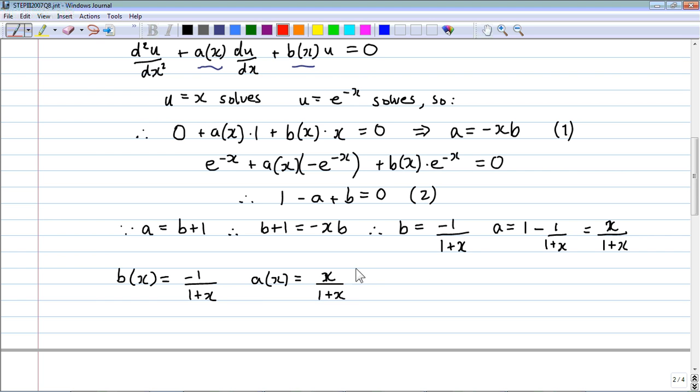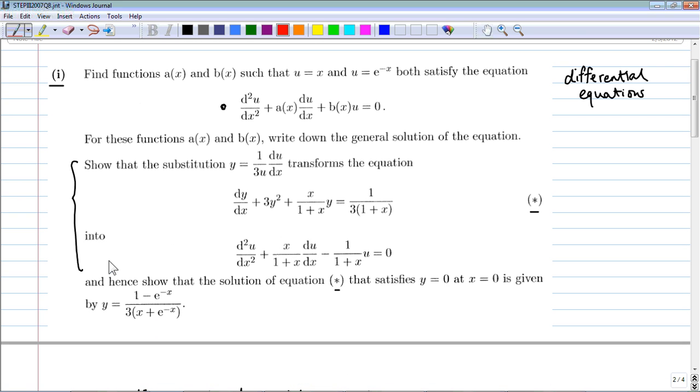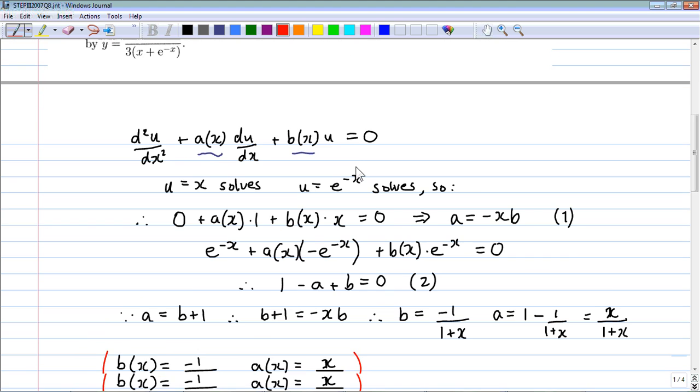So let's put this all in a separate section there. So that's the first part of the question. Find functions a and b such that those satisfy this equation. For these functions, write down the general solution of the equation. Okay.